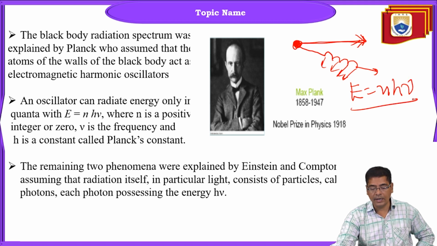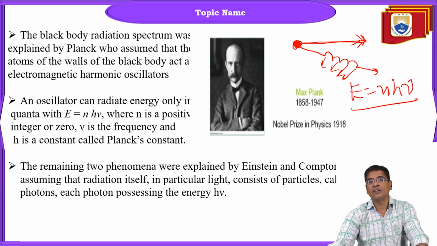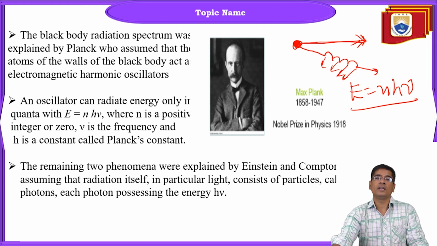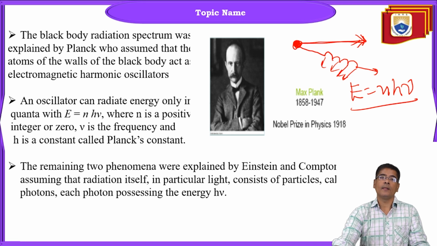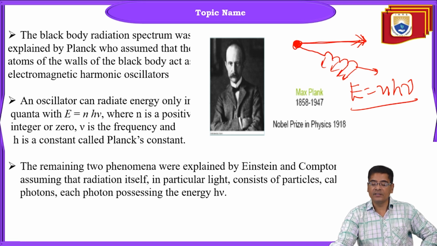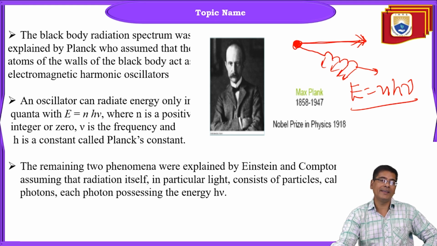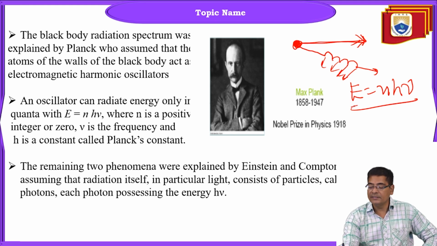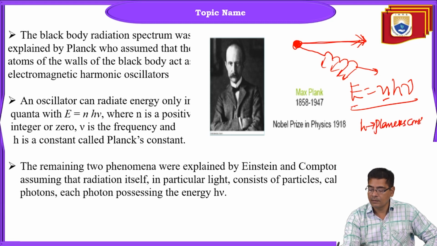So an oscillator can radiate energy only in quanta with E equals n h nu, where n is a positive integer or 0, nu is the frequency, and h is a constant which we define as Planck's constant.